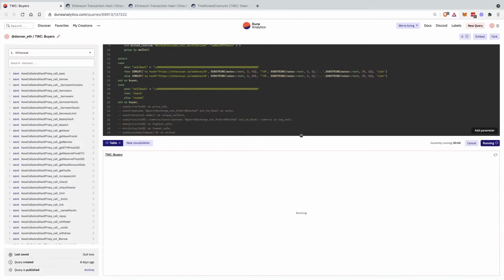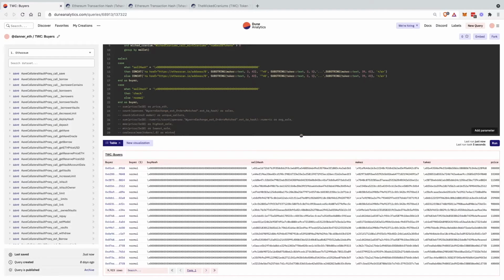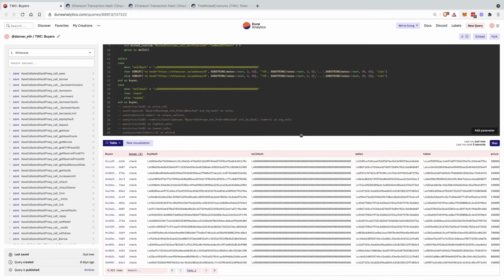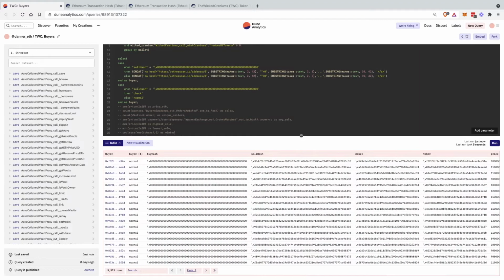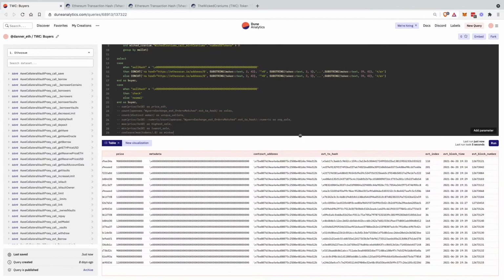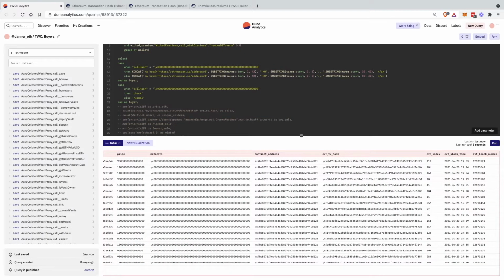The other thing that might make these run faster, or actually would certainly make these run faster, would be if we used a limit instead of just running the full result set, but I'm not sure. Here we go. So 9,000 rows, quite a bit as far as buyers of these assets. And it might make sense to just give ourselves a link to that transaction.